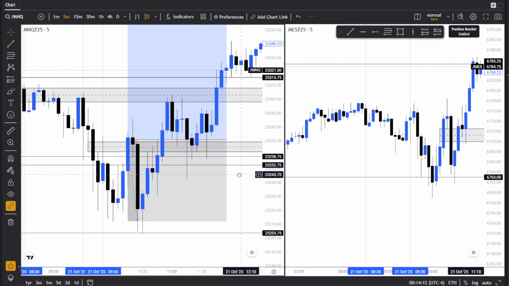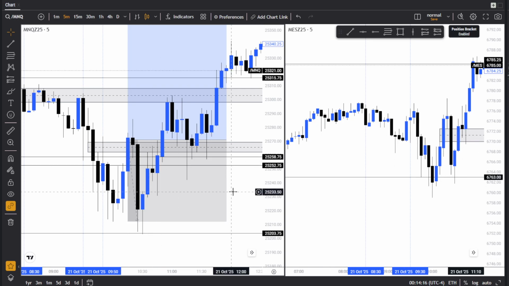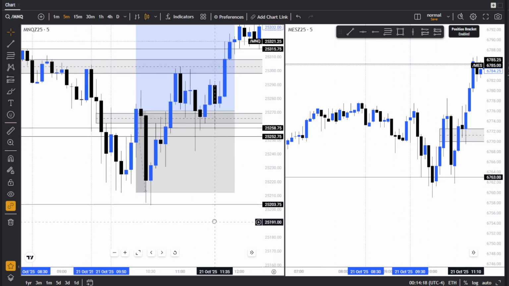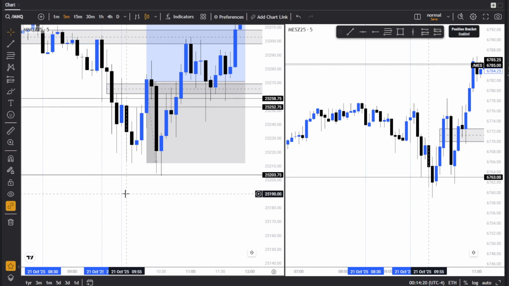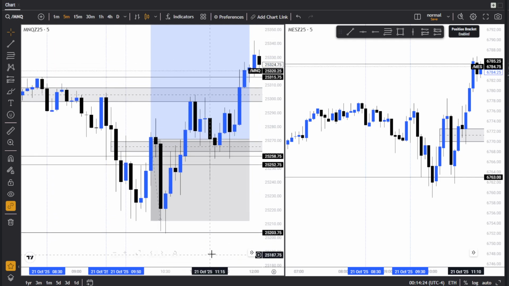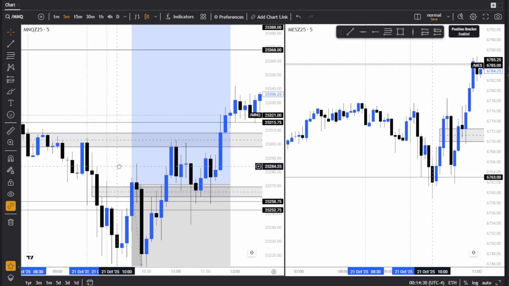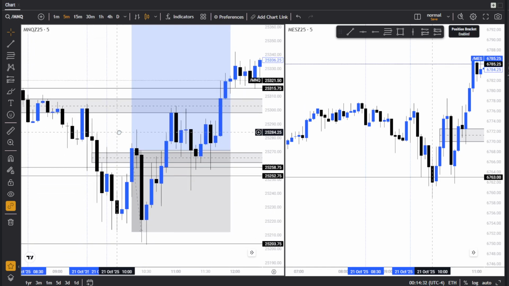We got a 5-minute inversion. We got a sweep of liquidity both on ES and NASDAQ. We are past the macro window, right? So we're past 9:50. We got manipulation, we got inversion. Let's take this trade.